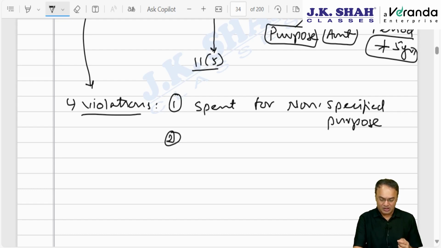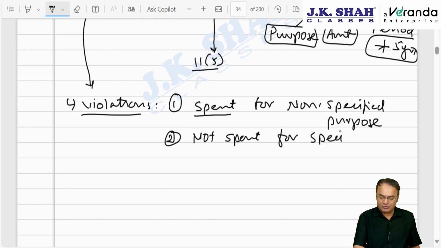Secondly, either spent but for a non-specified purpose, spent in the wrong direction, or not spent for the specified purpose within the time allowed.